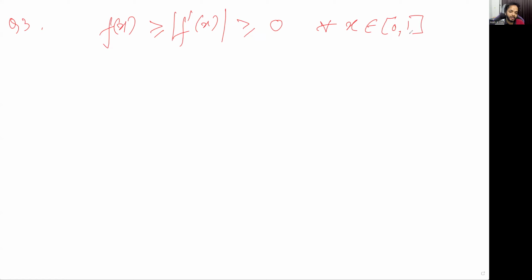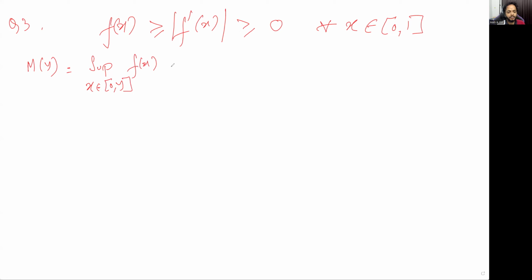Now we know that, suppose we define the maximum of the function f from the point 0 to y, any point y in the interval [0, 1]. So let M(y) be the supremum of f(x) for x in [0, y].